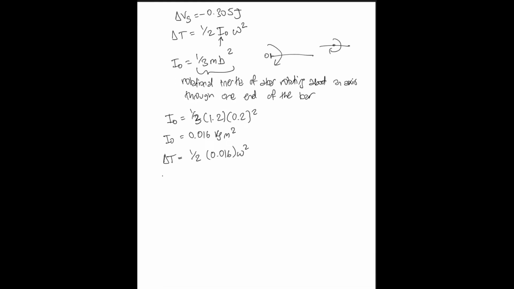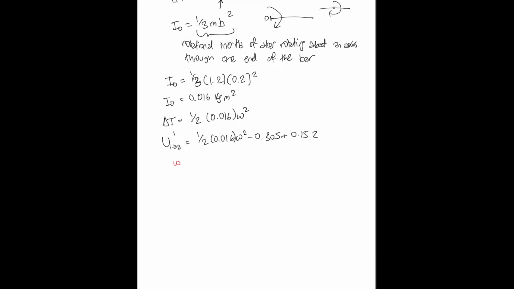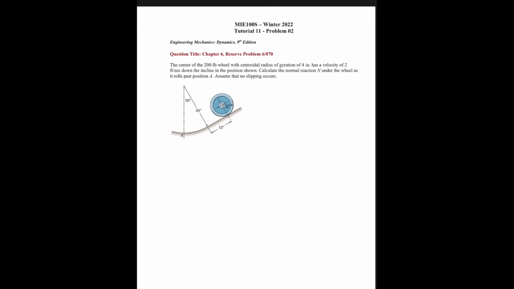Then we plug all of that into our work energy equation to find the angular velocity equal to 4.37 radians per second going clockwise. And that's the final answer.